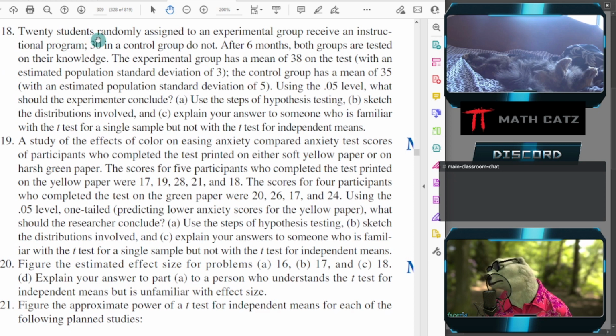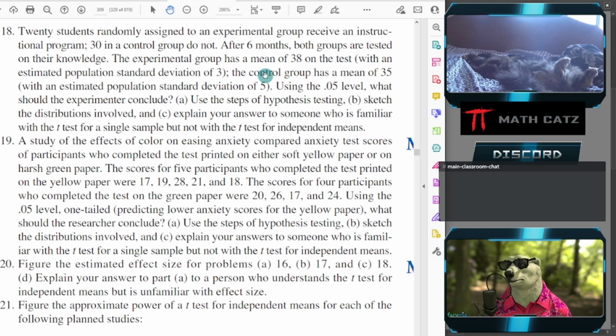20 students randomly assigned to an experimental group received an instructional program. 30 in a control group do not. After 6 months, both groups are tested on their knowledge. The experimental group has a mean of 38 on the test, estimated standard deviation of 3.